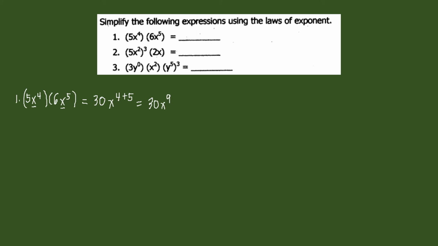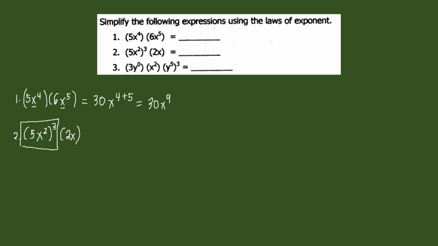Let's have number 2. So try solving together with me. You can solve using your notebook or a sheet of paper. Let's have for number 2, 5x squared raised to the third power times 2x. So looking at the expression, you can see here that one expression is raised to another exponent.